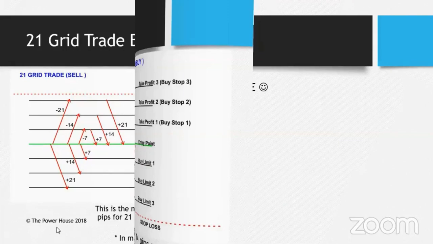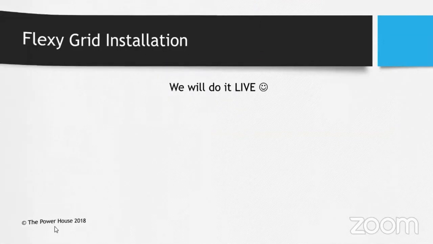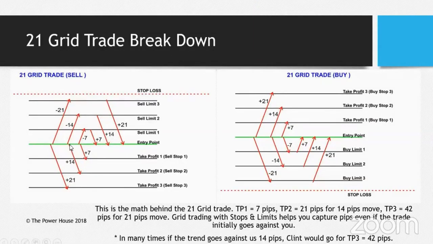Sorry, how do I go back now? So the original entry would make a 14 pips move, and the second entry that we entered over here would make another 7 pips move. So that would be 21 pips in total, even though the trend moved 14 pips.